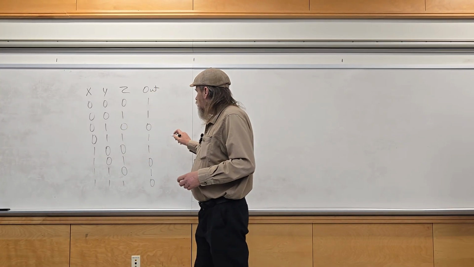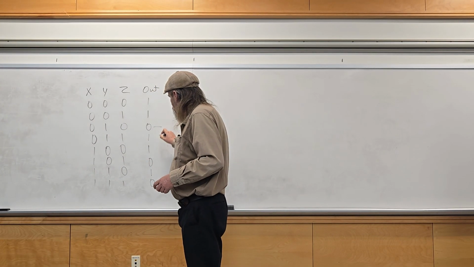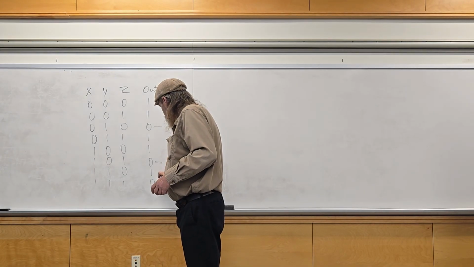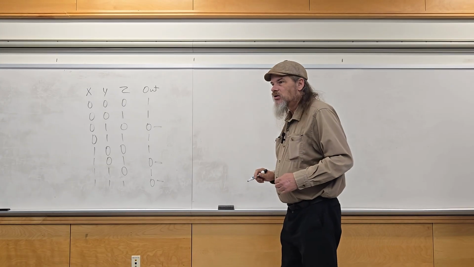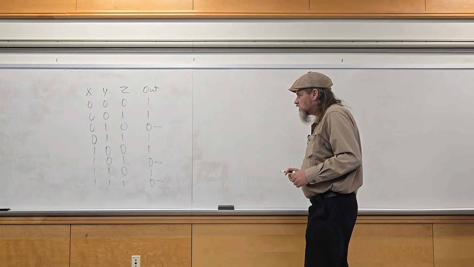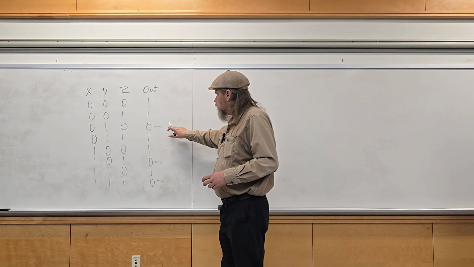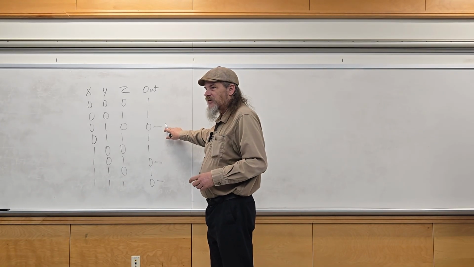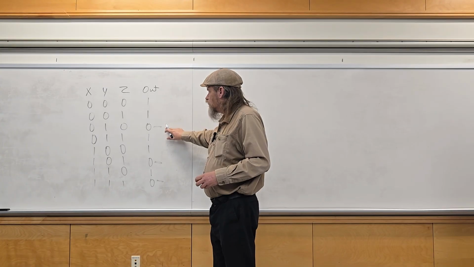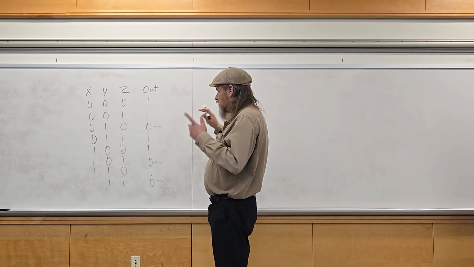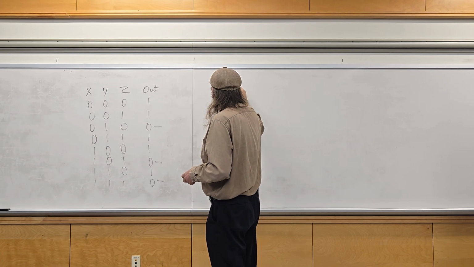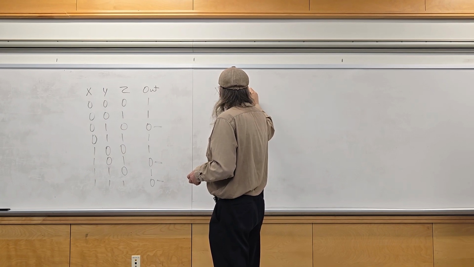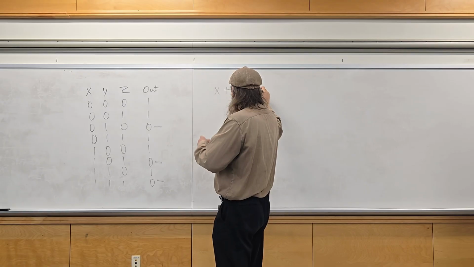So you would look at the zeros and get the max terms, which would be, what's the first zero here? What would the max term be for that? Exactly. X plus y prime plus z.